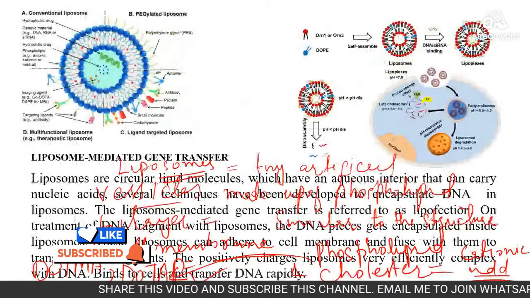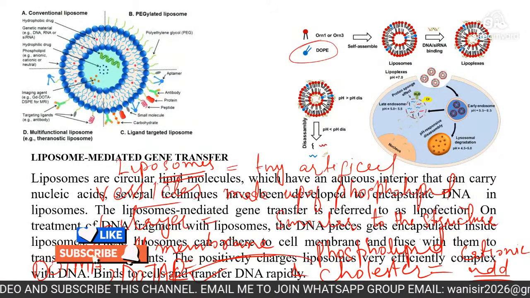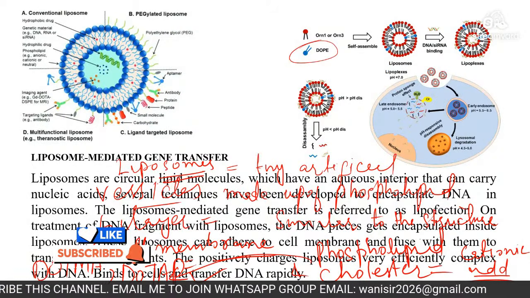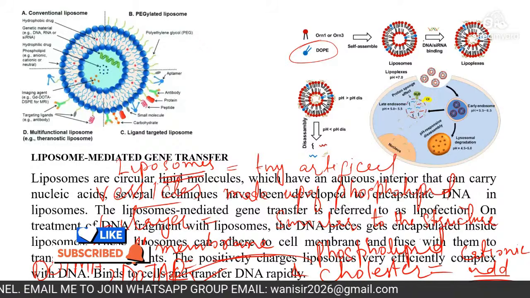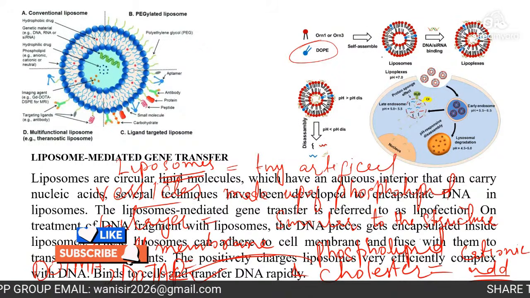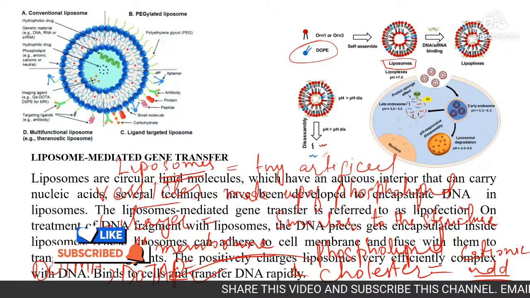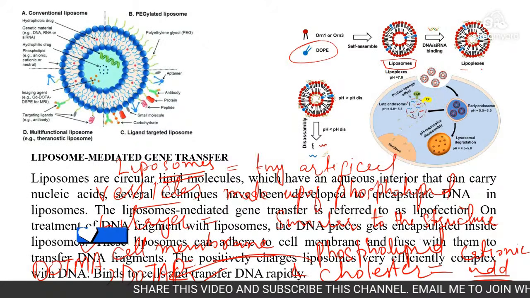This is important. What is a lipoplex? The positively charged cationic lipids are added, this assembly forms the liposome complex, and then negatively charged DNA or siRNA binds to it to form the lipoplex.